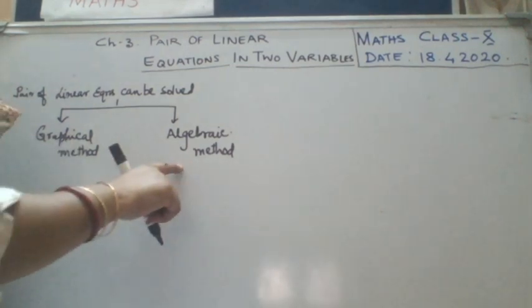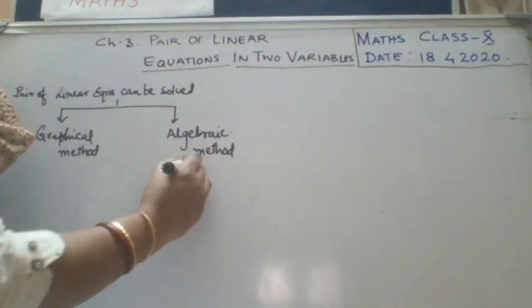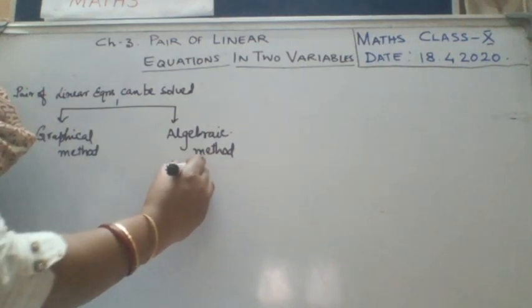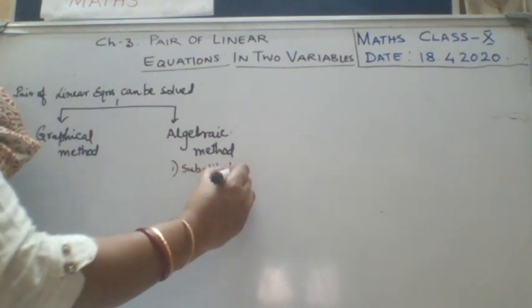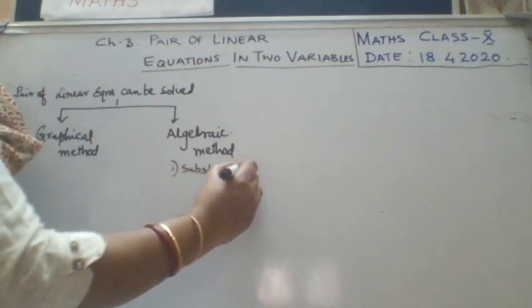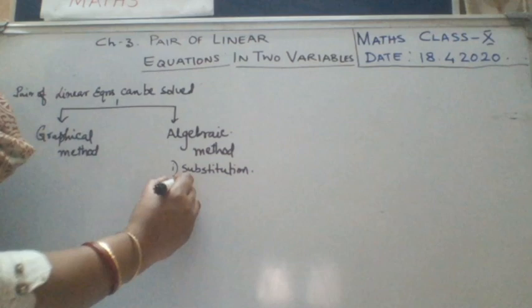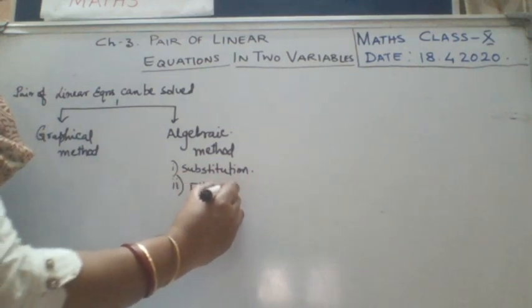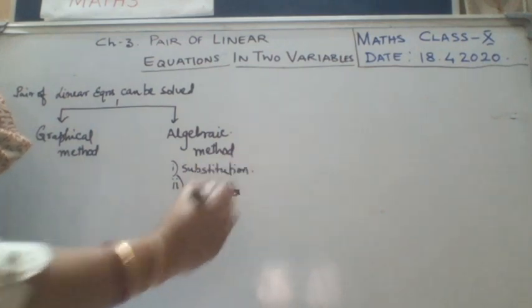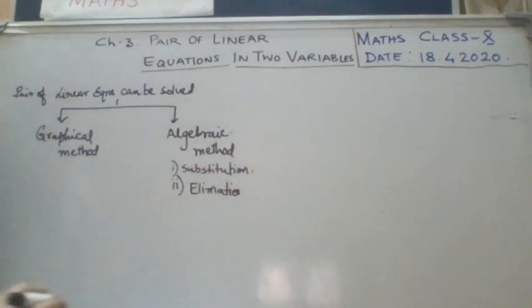Algebraic method consists of three different types: that is substitution method, then you have got elimination method. All these we have talked about in our first class, but once again I am repeating it.